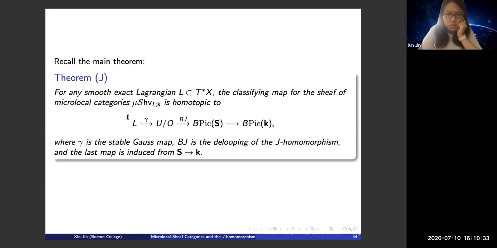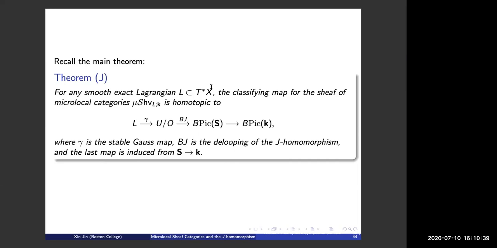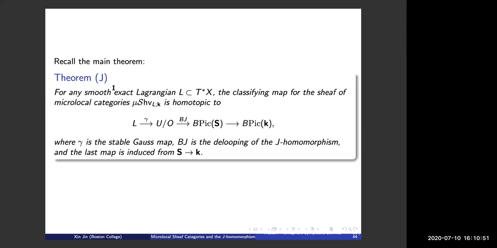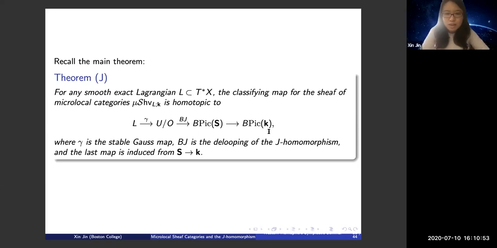So your L is a Lagrangian inside T star S^n, is that what you're saying? Yeah, and then somehow you can go one level up and get a map to Pic S, not to BPic S. Oh, I see. So what I prove is that this trivializes, so then you can choose a lifting.